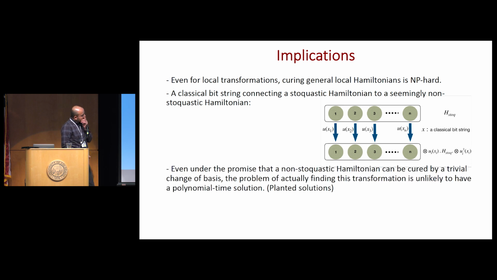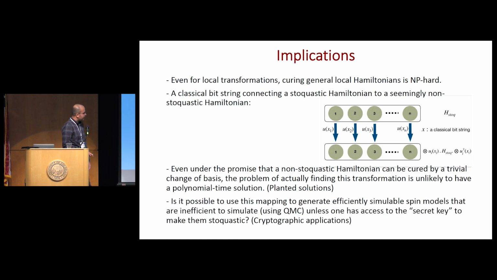So if I think about planted solutions, even if I have the promise that non-stochastic Hamiltonians can be cured by some trivial change of basis, finding that can be NP-complete, so it's unlikely to be efficient.